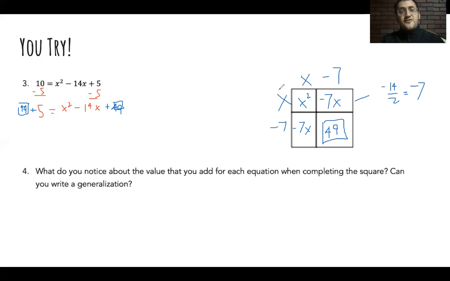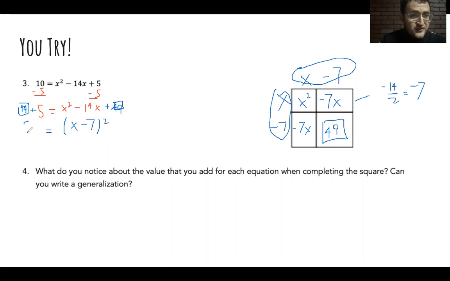And we have our factors, so the x minus 7 and the x minus 7. So we're going to effectively call the trinomial at the end of the day x minus 7 squared. And we have 49 plus 5, so that's 54. And we're going to square root it and add a plus or minus.